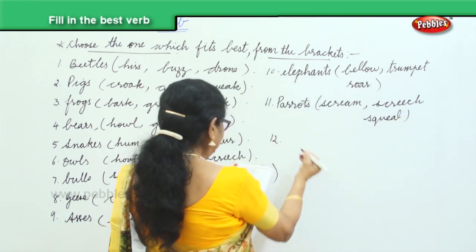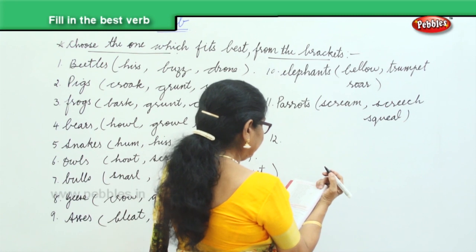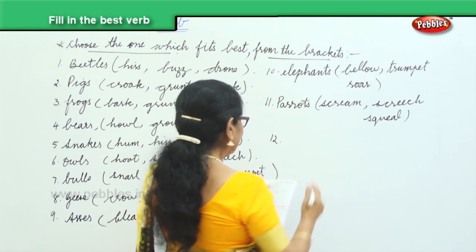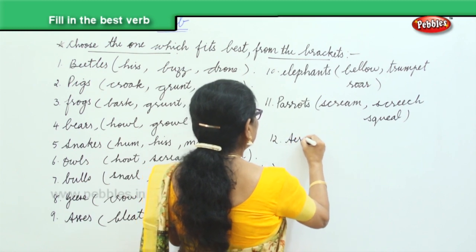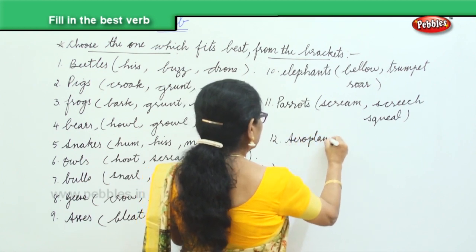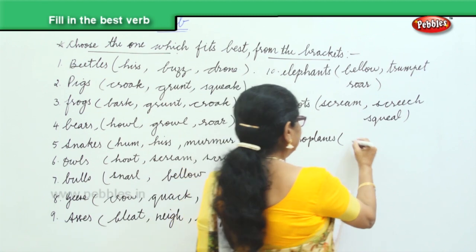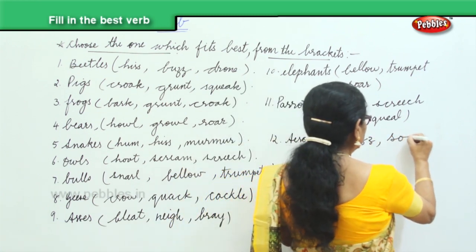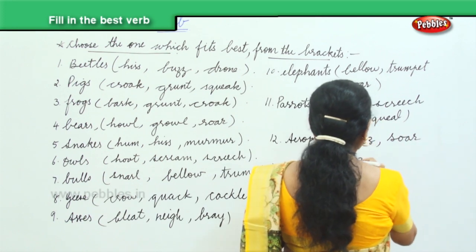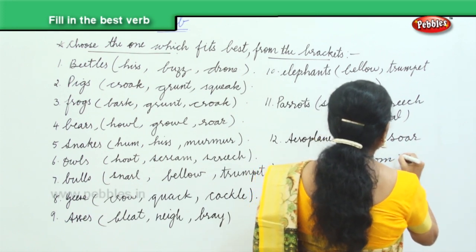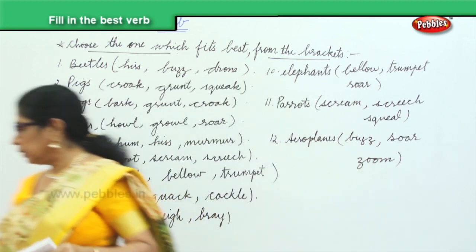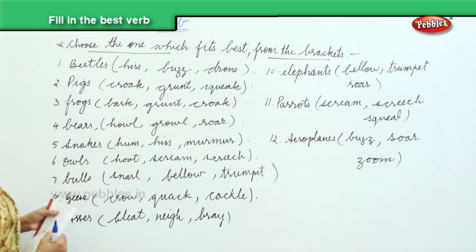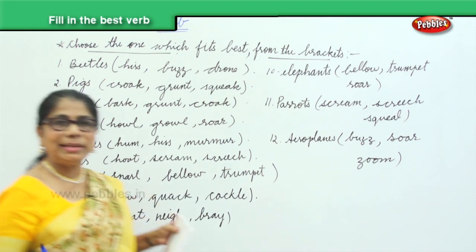And then we have airplanes. What do the airplanes do? Buzz, soar, and zoom. Now, we have 12 items I have given you, and we have 3 words. We should know what each does.